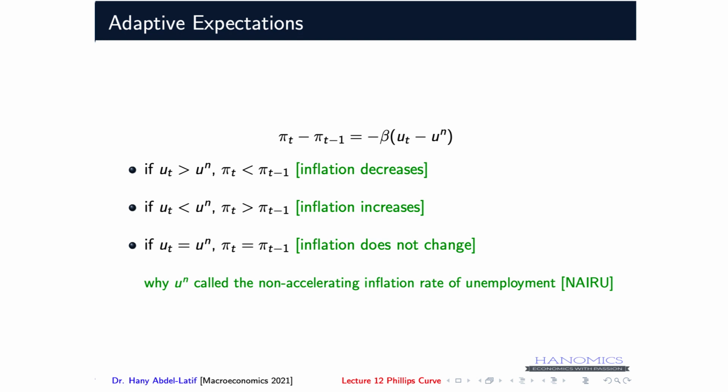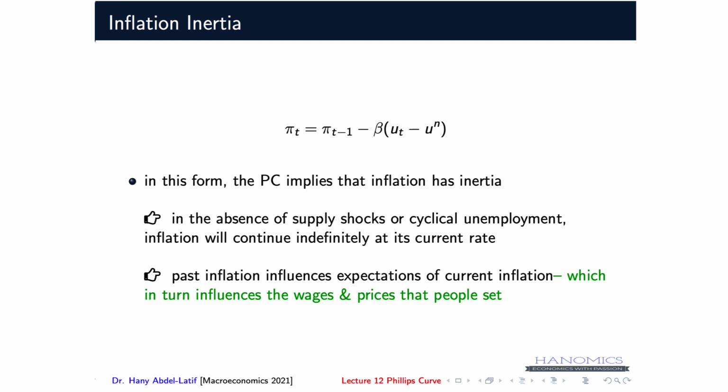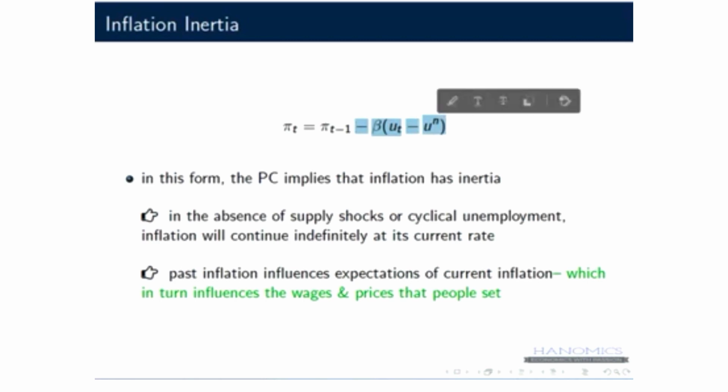As I said, adaptive expectation basically says that people expect inflation in time t to be equal to the observed, or actual, inflation rate in time t minus 1. It also tells us that the inflation rate has some inertia, meaning that in the absence of supply shocks or cyclical unemployment, which if this equals 0, the inflation rate will not change.